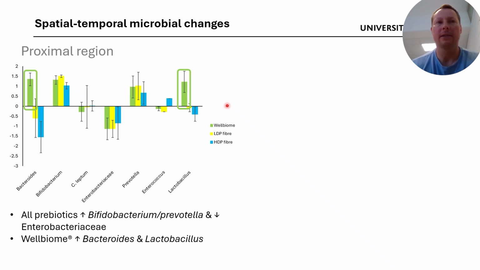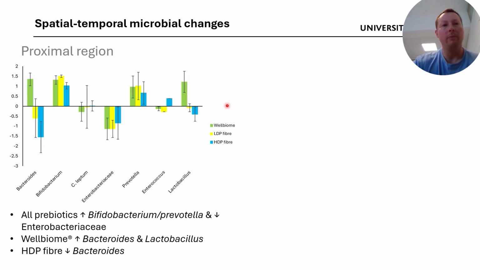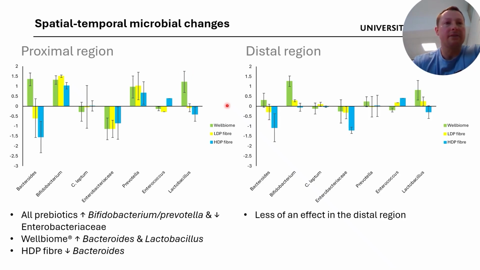They've got a very enhanced repertoire of carbohydrate metabolizing genes, so they can take off and break down the side chains and the central chain of our fiber carbohydrate. And we also noticed that the high molecular weight fiber, though, actually resulted in a reduction of Bacteroides species here.